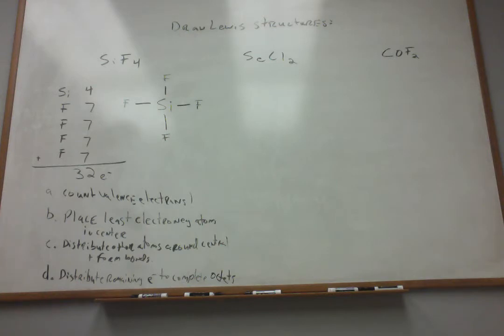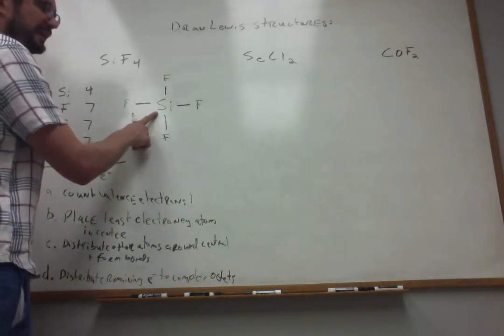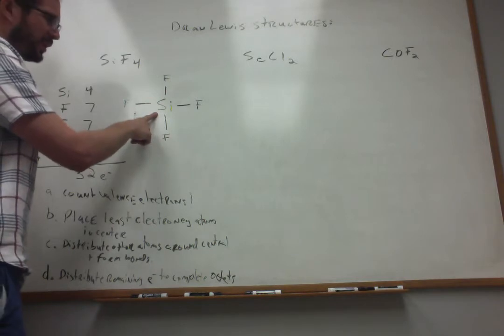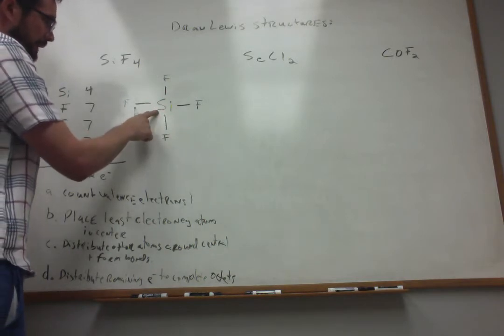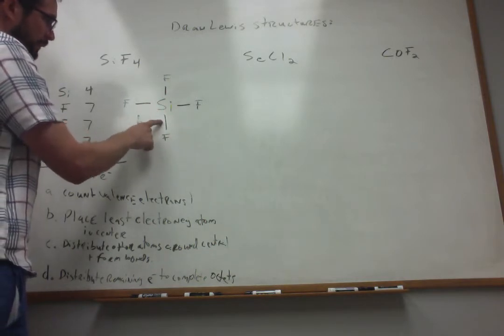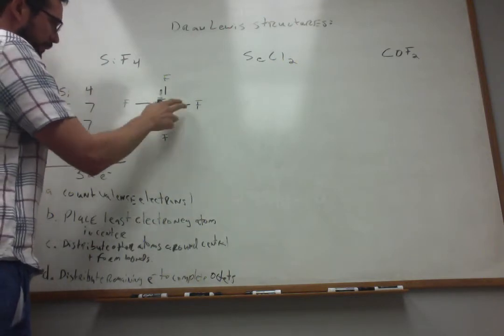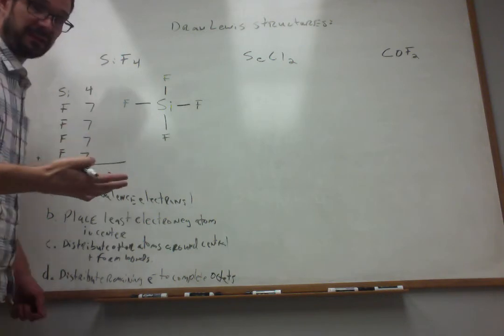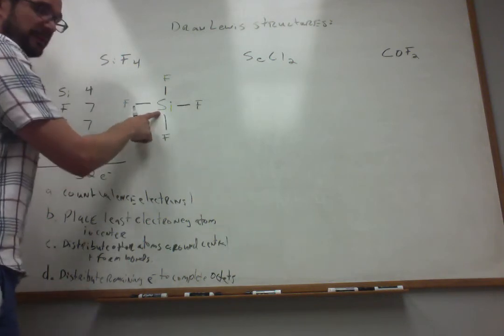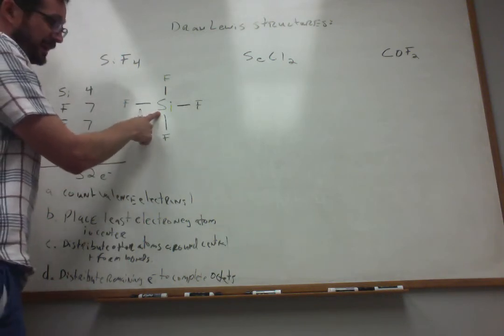Okay, so as I look at the structure, the central silicon is really kind of golden, probably, because it's got 2, 4, 6, 8. Each of these lines represents 2. And since it's got 4 bonds, that's 8 electrons that this guy is participating in bonding with, and that's good.